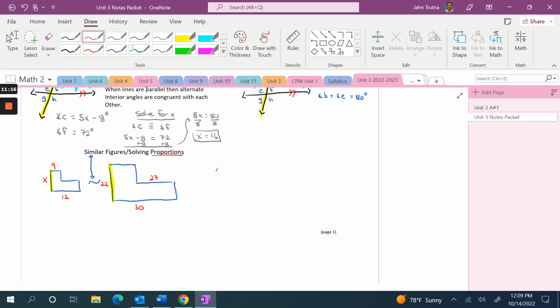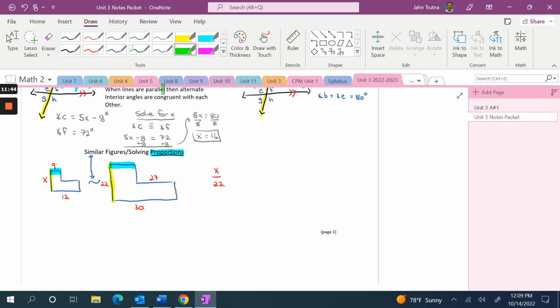So that creates the ratio X over 22. In the small shape, this top part is 9, but the part that corresponds with it in the big shape doesn't have a value, so I cannot create another ratio. In order to make a proportion, I need two ratios. Remember, a ratio is also known as a fraction.